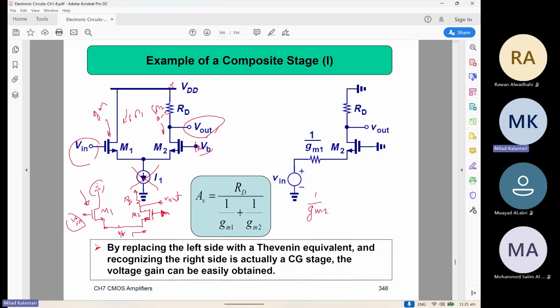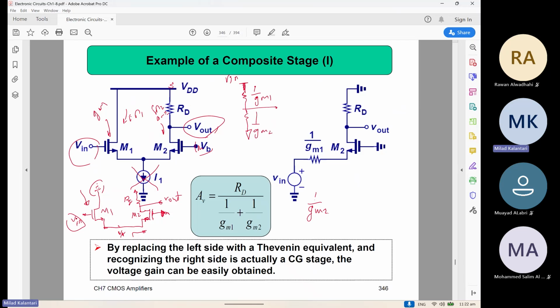So to solve the gain from V in to Vx, we can move it like a common drain: move the V in to the source first, assuming there is V in, and then we have 1 over GM1 as the source resistance of device 1, and the impedance at the source of M2 is 1 over GM2.